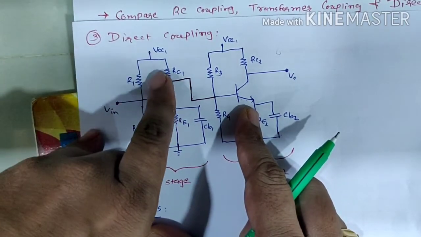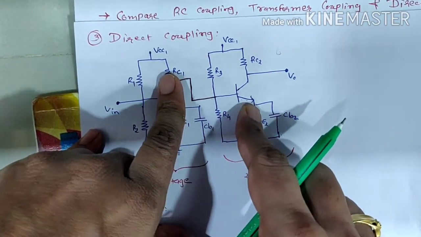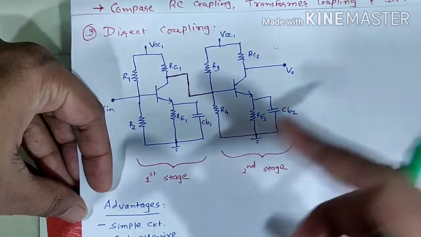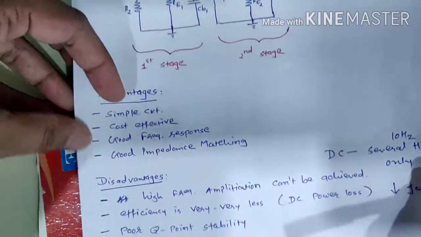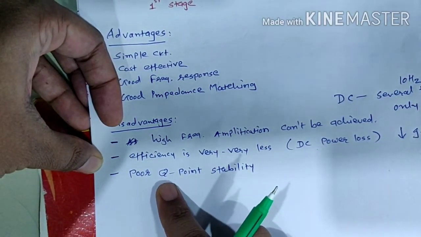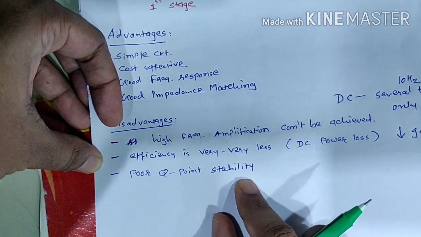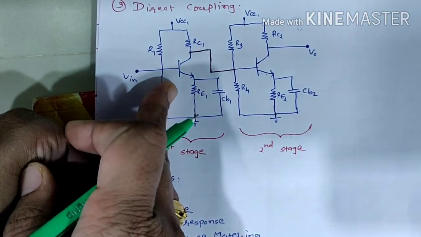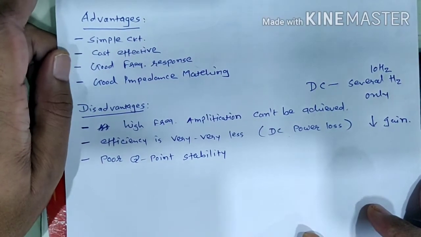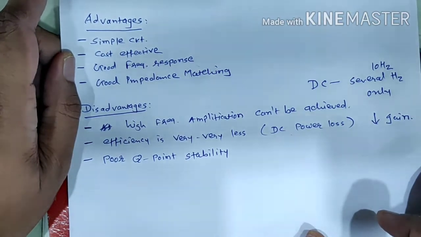The interference of the first stage DC voltage in the second stage will not keep the proper Q point of the upcoming stages. So we can't get a stable Q point. The Q point is continuously shifting, and it depends on the previous stage because there is no DC isolation. Okay, so this is the main disadvantage of the direct coupling technique.